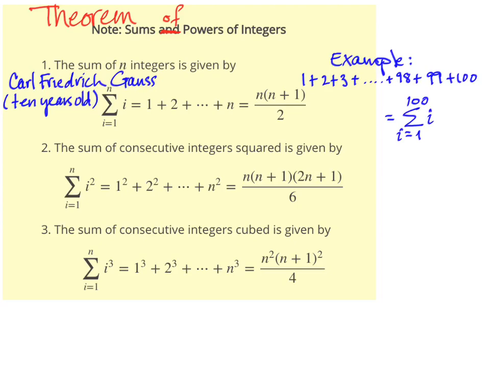Right? So it's the sum as i goes from 1 to 100 of i. And using this formula, it's going to be 100 times 100 plus 1, all divided by 2. n times n plus 1 divided by 2. And it turns out to be 5,050.